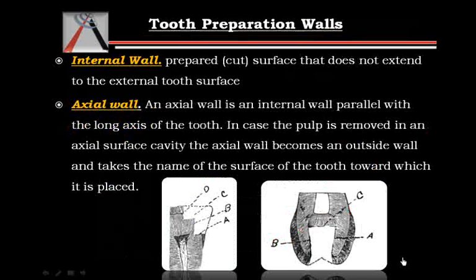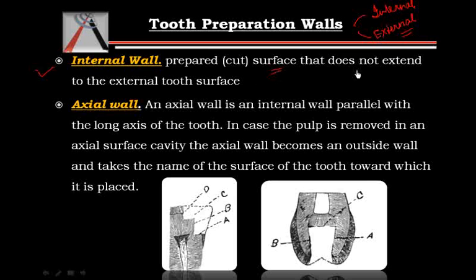When the tooth is prepared for receiving any restoration, these prepared surfaces have walls, and these walls can be classified in various ways. So we have a classification over here wherein the tooth walls can be classified into the internal walls and the external walls. Internal walls are the prepared surfaces that do not extend to the external tooth surface.